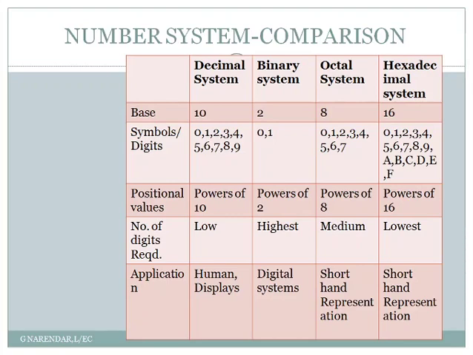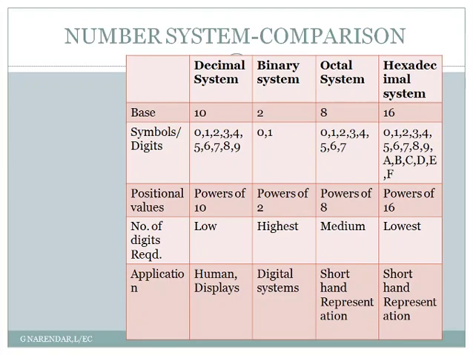And coming to the position values, which will be different for all the systems, you can see that the position values will be powers of the corresponding base of the system. For the decimal system, the position values will be powers of 10, as the base of the decimal system is 10.